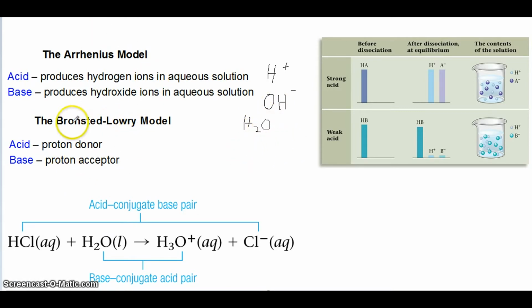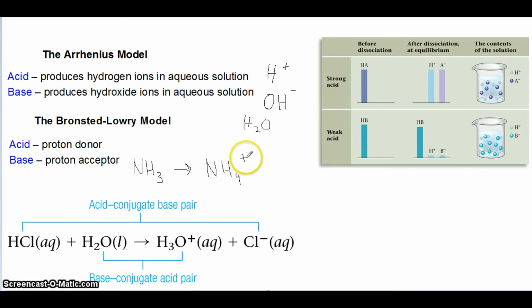But later on, the Bronsted-Lowry model came, and what they realized is that bases did not just have to be the ones that produce hydroxide ions, but bases are anything that accepts a proton at all. For example, ammonia, NH3, is actually a weak base, and he'll pick up a proton and become ammonium, NH4+.